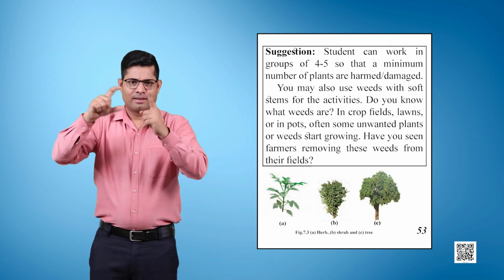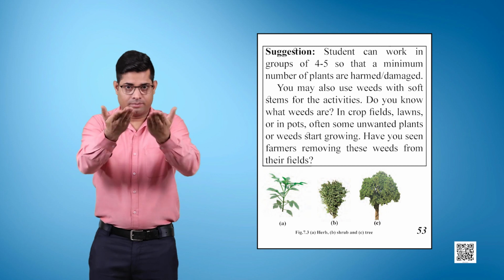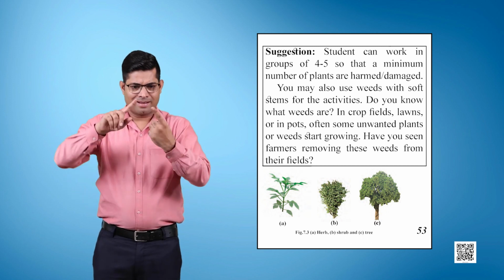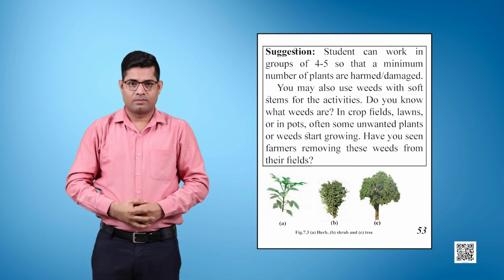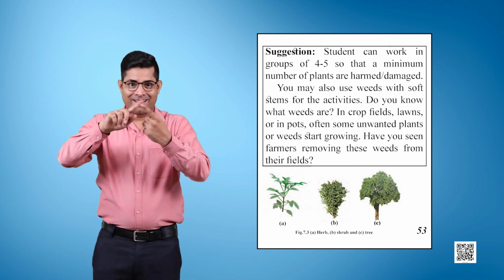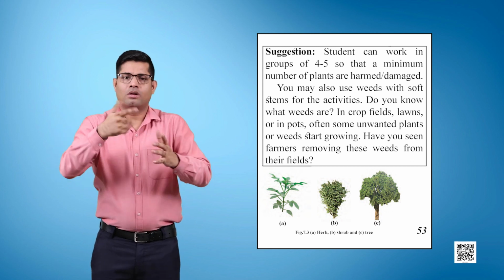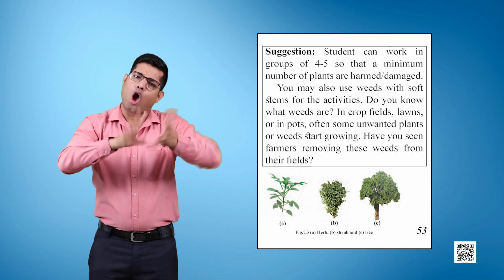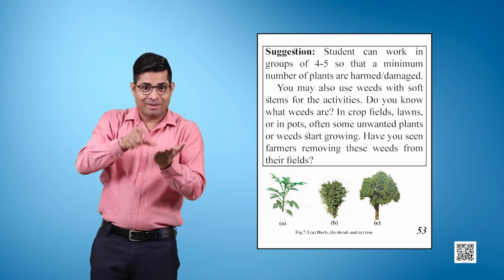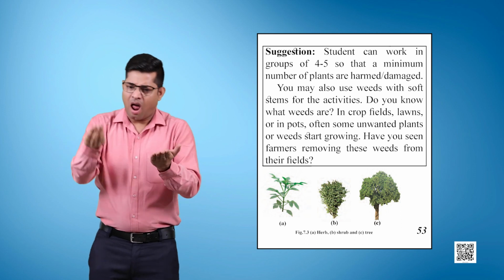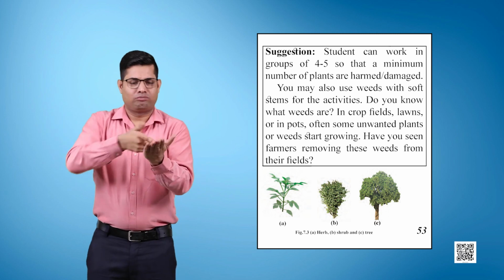You may also use weeds with soft stems for the activities. Do you know what weeds are? In crop fields, lawns or in pots, often some unwanted plants or weeds start growing. Have you seen farmers removing these weeds from their fields?